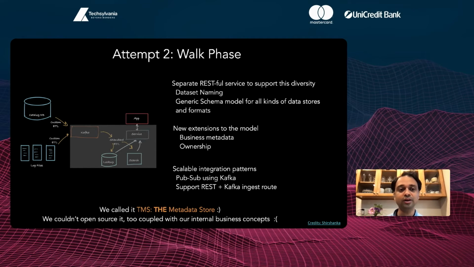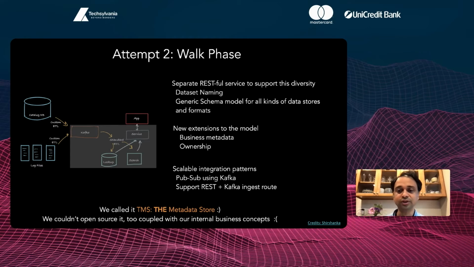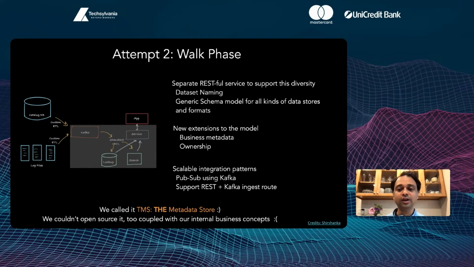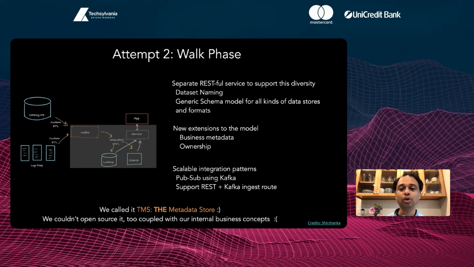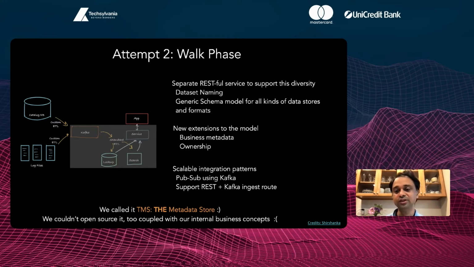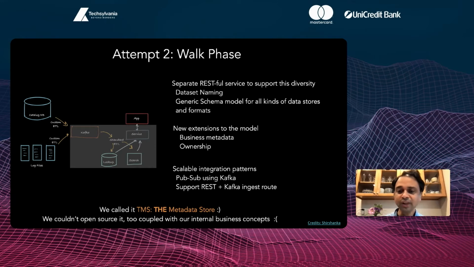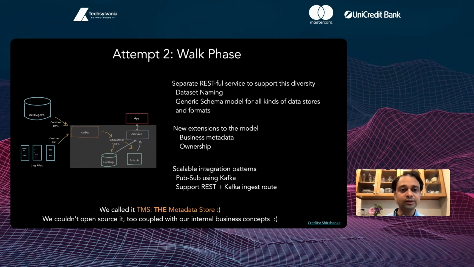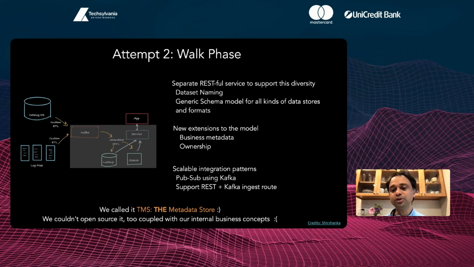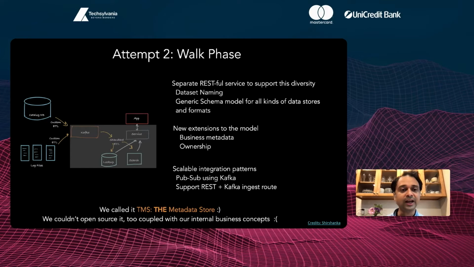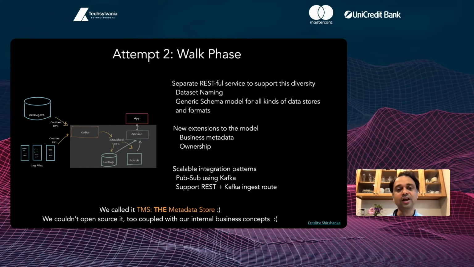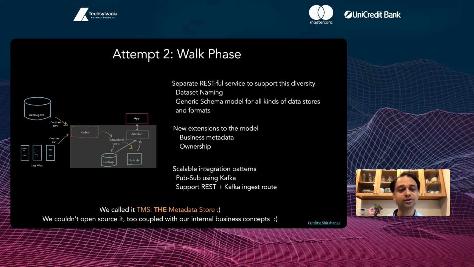So you could either go through that application that was built on the service, or if you had an application that you wanted to integrate metadata into, you could go and hit the service directly and ingest the metadata that way. And this really was far, far more successful than our first iteration. And the gray box that you see there on the slide, that was basically the metadata store.